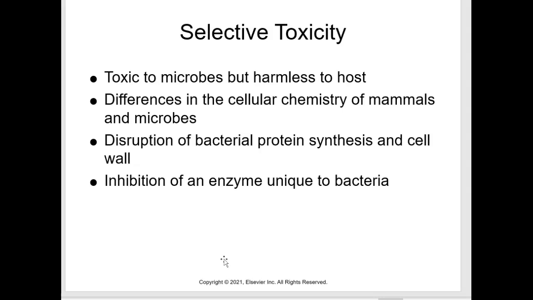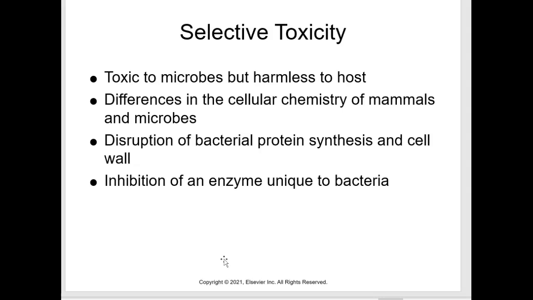We have several drugs, though, like penicillins and cephalosporins, that weaken a cell wall and then promote bacterial lysis. But because mammalian cells have no cell wall, drugs directed at this structure do not affect humans.